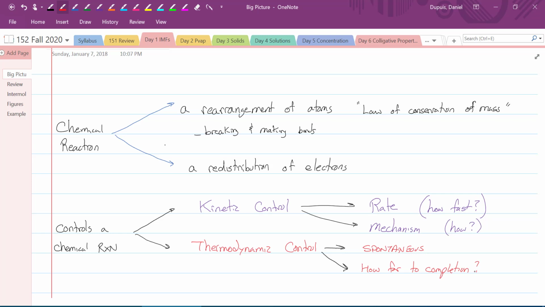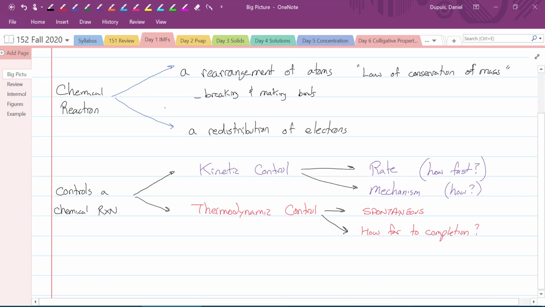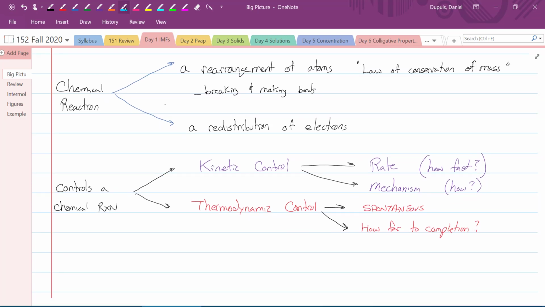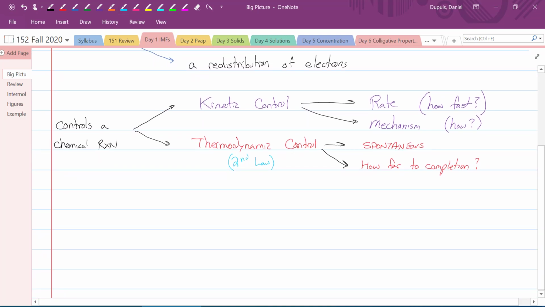Even things like transferring, that's not a reaction. That's just a physical change, so to speak. It doesn't go to completion. So thermodynamic control comes into what we'll learn is the second law of thermodynamics, which controls that. And so if we talk about thermodynamic control of a reaction, because there's really two controls.